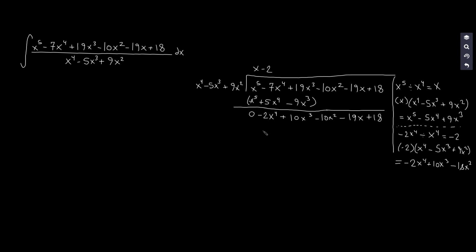Subtract. So they subtract the 2x raised to the fourth, plus 10x raised to the third, minus 18x raised to the second.